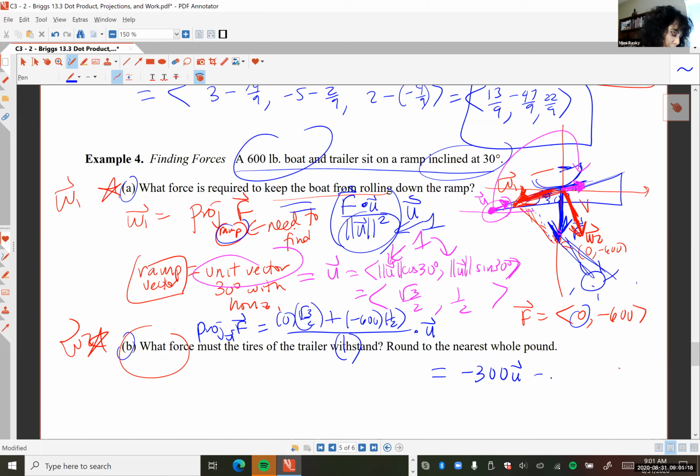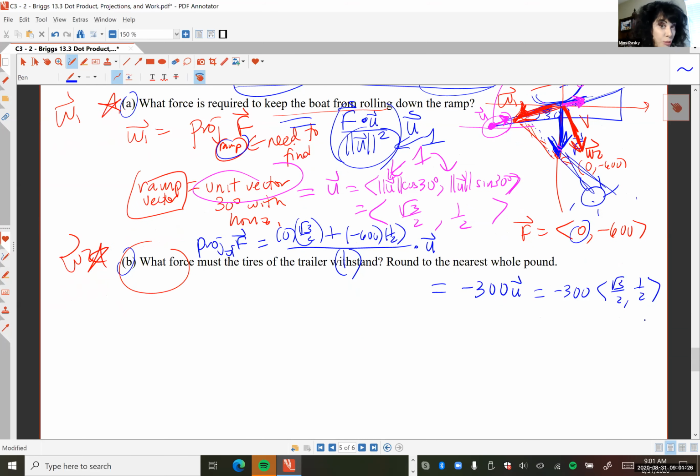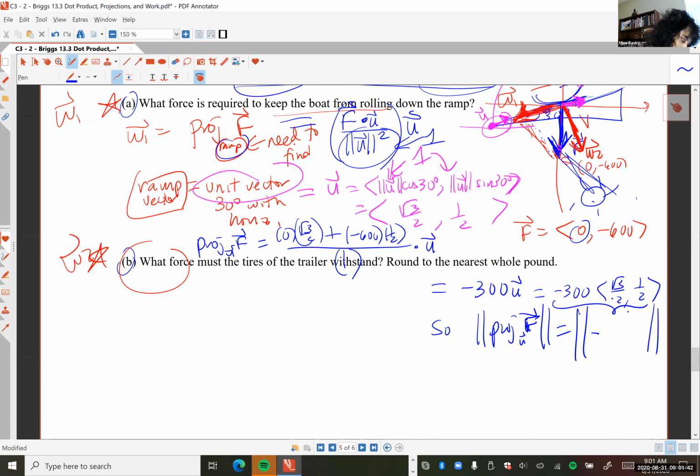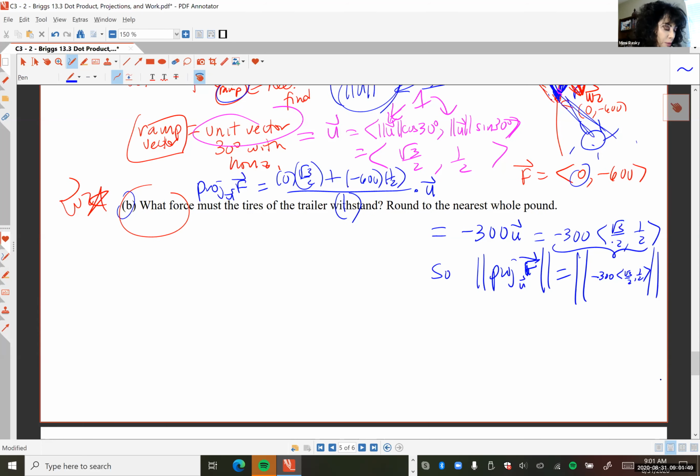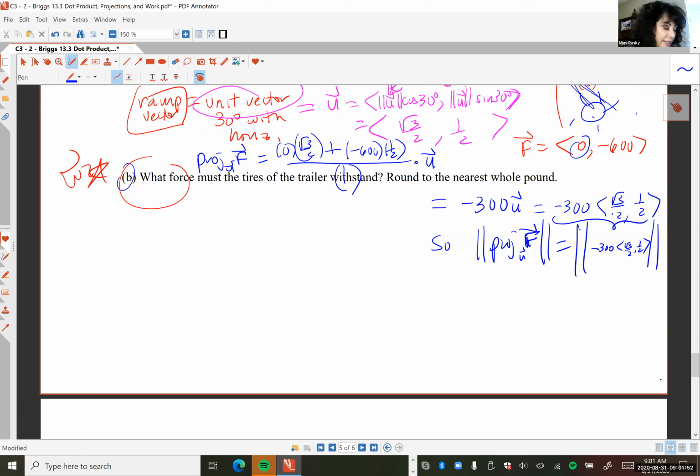Now you could distribute the negative 300 over the unit vector. I'm going to hold off on doing that just for the moment. I am going to need to do it for part B. But what's the magnitude of this projected vector? It's basically the magnitude of this vector I just got here, which is this scalar times the unit vector. Now, the reason why I'm holding off on distributing the negative 300 is because I gave you a fact from last week's lecture.